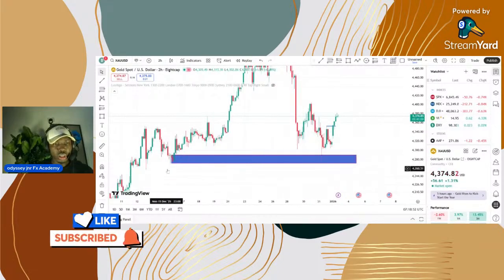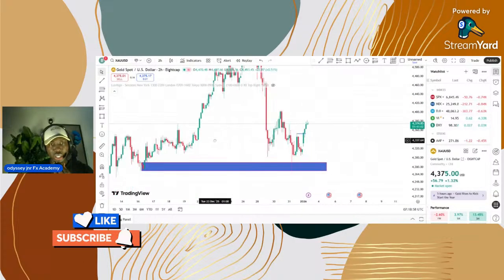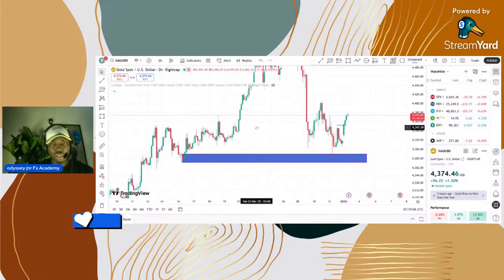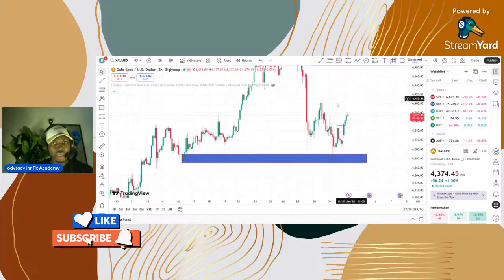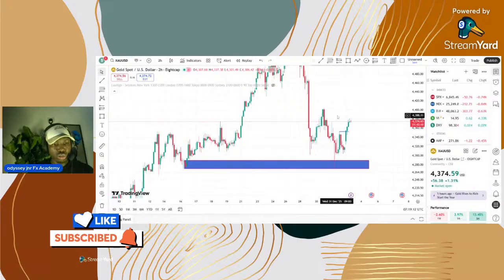So this was the order block that we got from. So we are refining this order block to ensure that we are able to get these trades well. Okay. So I think what we need to do now, let's refine down to the 1 hour time frame.